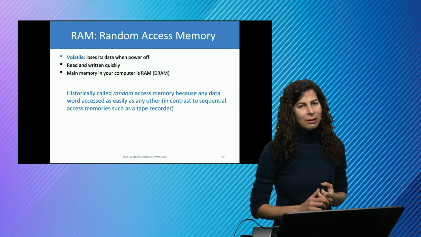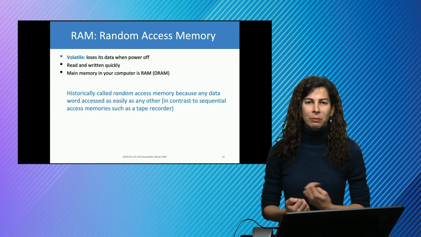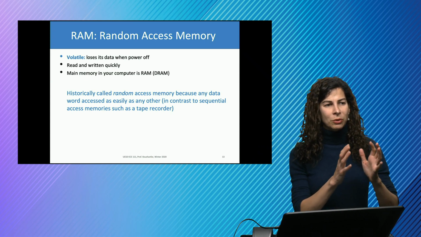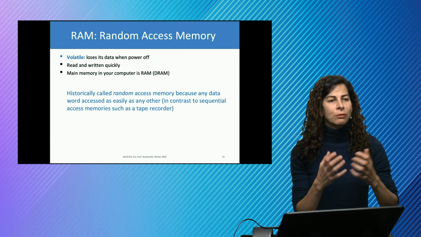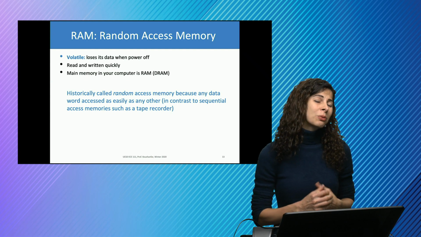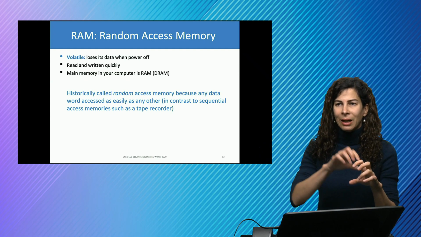When you say RAM, this is historical, because RAM was a type of memory invented where you could use an address decoder to access any of the bits in random order. This was as opposed to the old times when they had tape-based memories that were sequential.